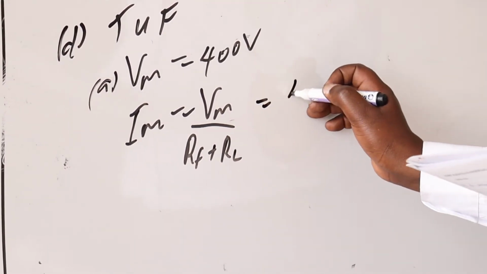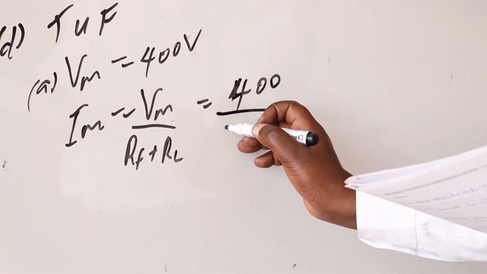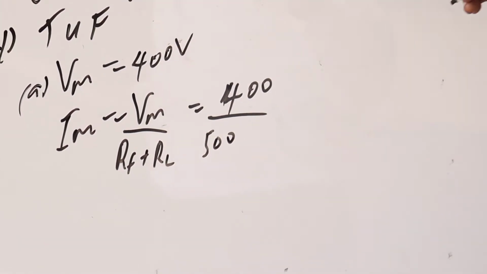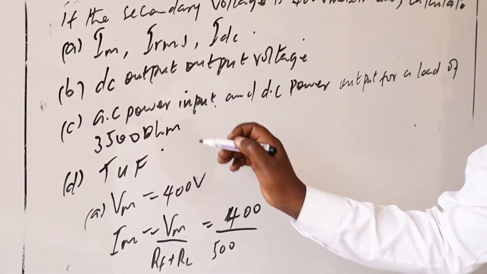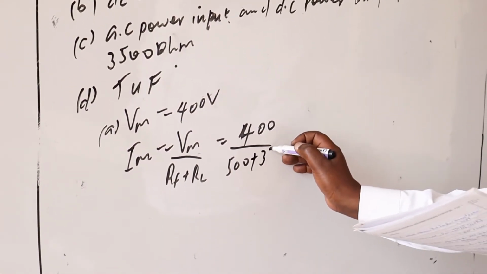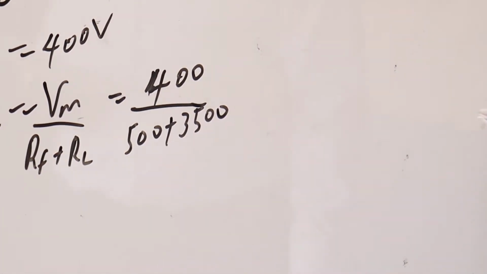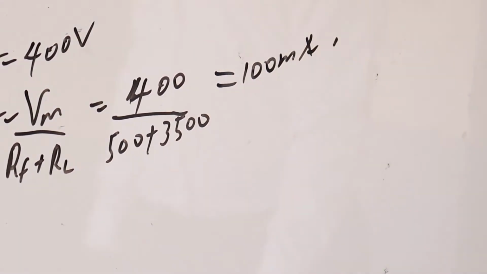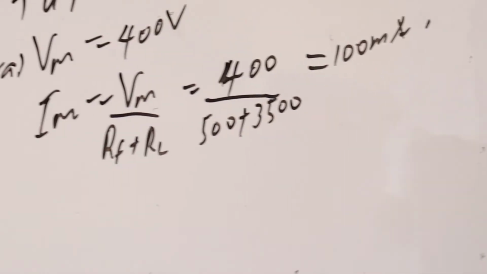This is 400 over 500 plus 3,500. Actually, this load is 3,500 ohms, not watts. This gives you 100 milliamperes. So that is our peak current, or the maximum current.